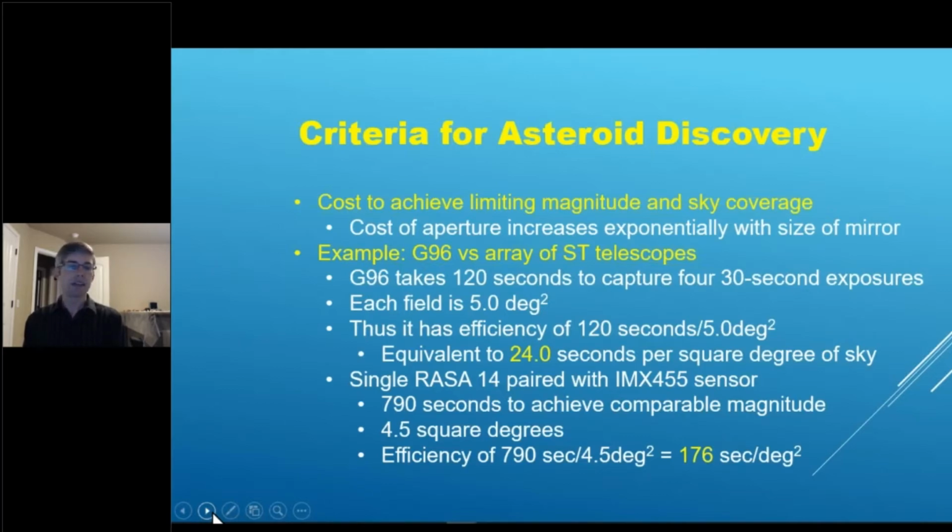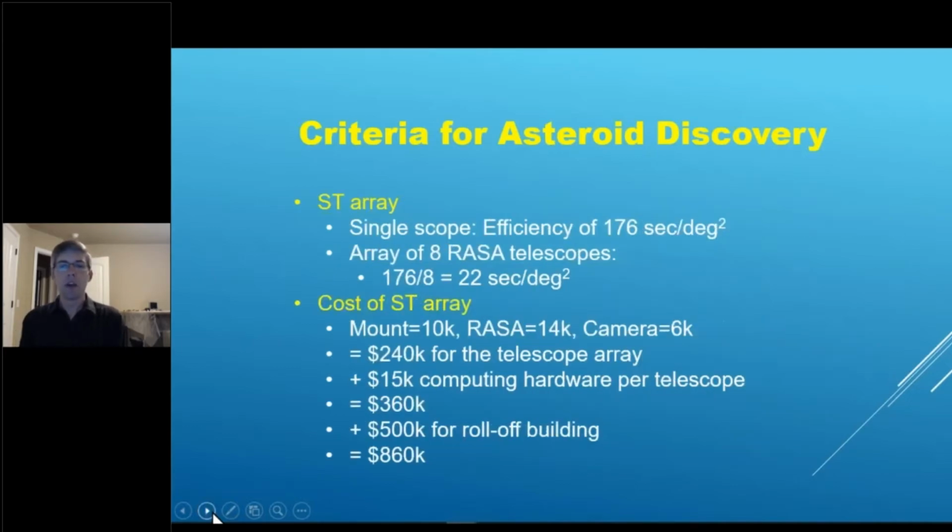And here we're going to take 790 seconds to achieve comparable magnitude. With that sensor, it will cover 4.5 square degrees and have an efficiency of 176 seconds per square degree. That being said, if you had an array of 8 of these instruments, that should work out to an efficiency of 22 seconds per square degree.